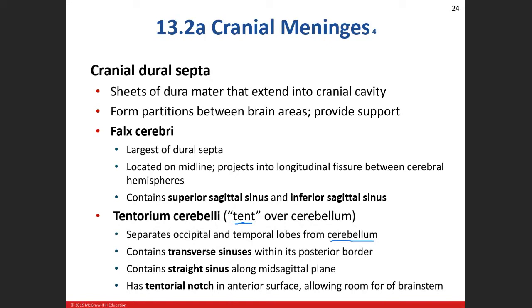The tentorium cerebelli has a couple of sinuses involved: the transverse sinuses, found on the sides, and the straight sinus, which you'll find in the center. I'll show you. I'm going to come right back.